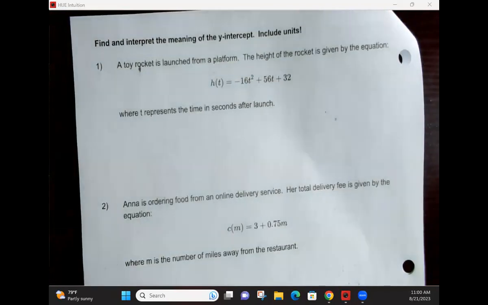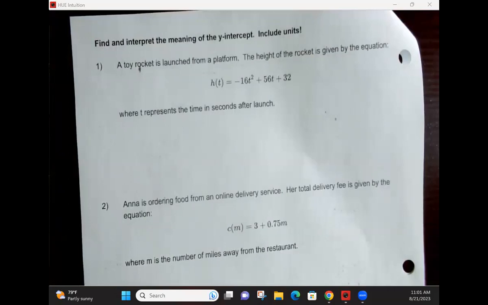Okay, so we're going to find the y-intercept just like we did on the front page, but then we're going to explain what that y-intercept represents in the context of our function. So for number 1, a toy rocket is launched from a platform. The height of the rocket is given by the equation that we see there, where t represents the time in seconds after the launch.